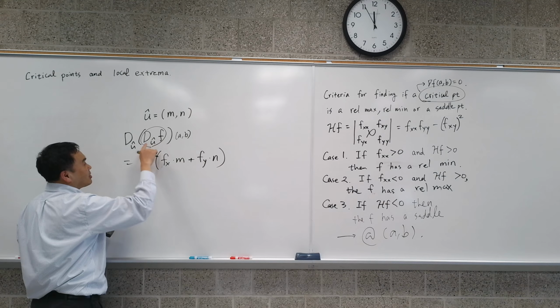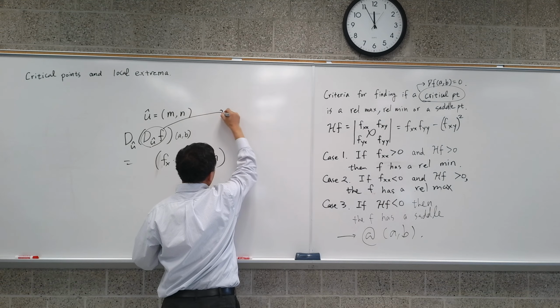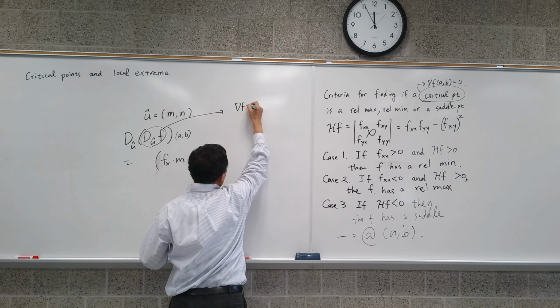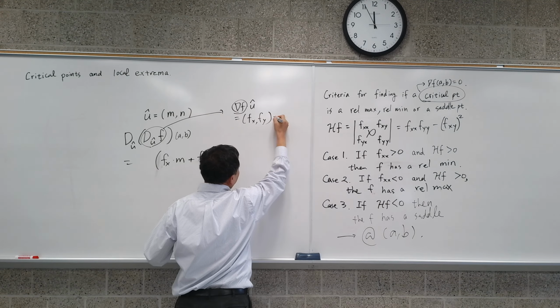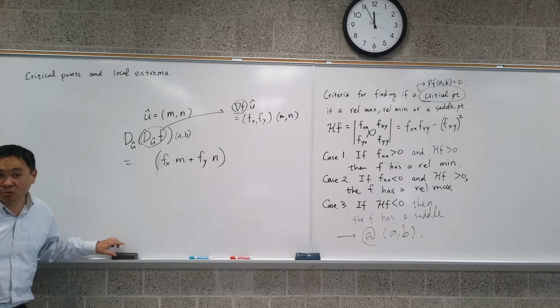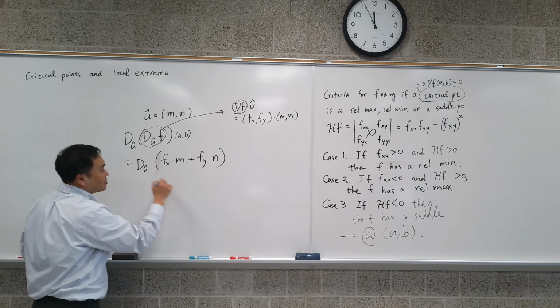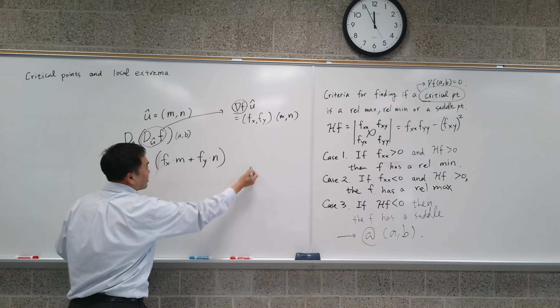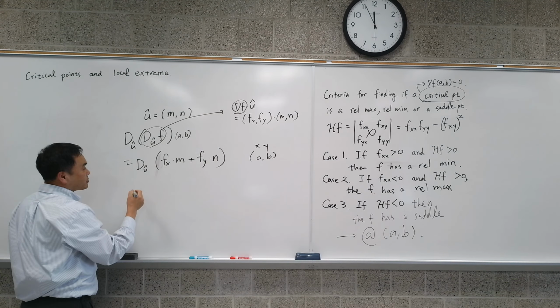Because all I'm saying is, that's the formula for the directional derivative: you have the gradient of f dotted with u hat, right? Gradient is just you differentiate by x, differentiate by y, make it a vector, and you do the dot product with (m, n). This is what you get as the first derivative, right? But then you have to do this again, D u hat, and then you have to plug in x, y as a, b later.